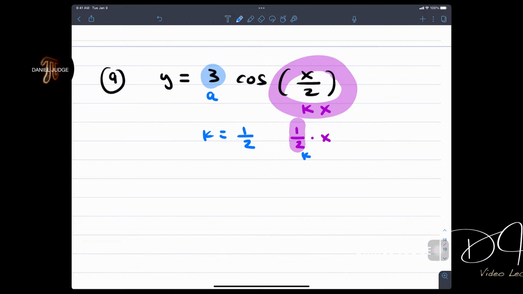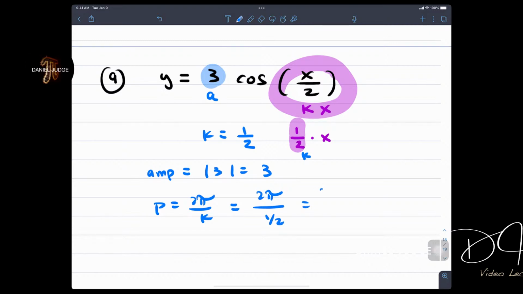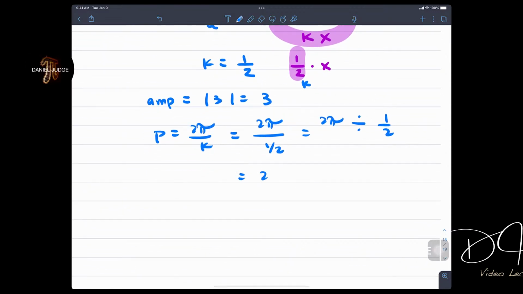Okay, that's what I do, ladies and gentlemen. I write that k value down. So when I go through my definitions, I have the amplitude being the absolute value of 3, which is 3. I got my period being 2 pi over k, which is 2 pi over 1/2, which is 2 pi divided by 1/2, and that becomes 2 pi times 2 over 1.